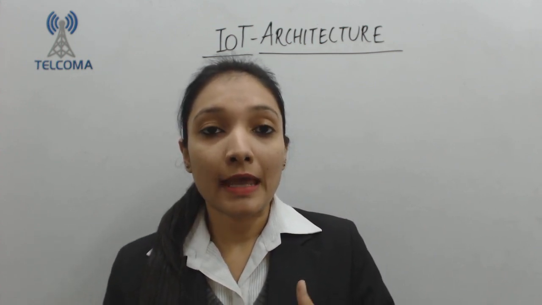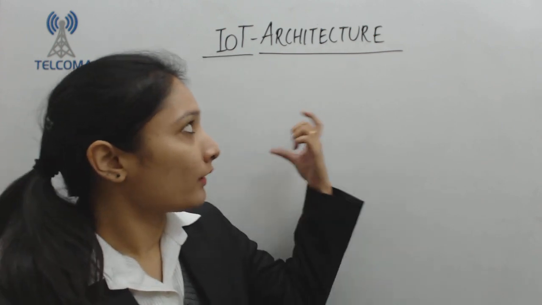Hi, so in this class of IoT today, we will study the architecture of your IoT systems, of your Internet of Things. So basically, the architecture of your IoT will comprise different technologies, different technology suites that make it work as one complete system here.